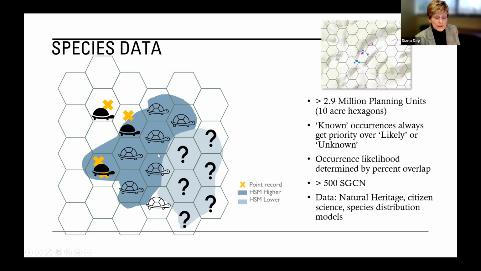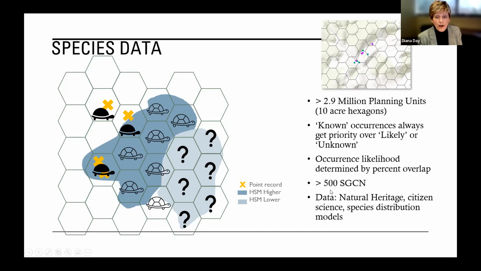We also use modeled data, as talked about in Lori and Caroline's presentation, and for high quality habitat models, where there is at least a 25% overlap with a planning unit, then we place the species as likely to occur. And for lower habitat suitability models, it's simply unknown. So that's our priority, and that will play in further in some of the outputs for the tool.